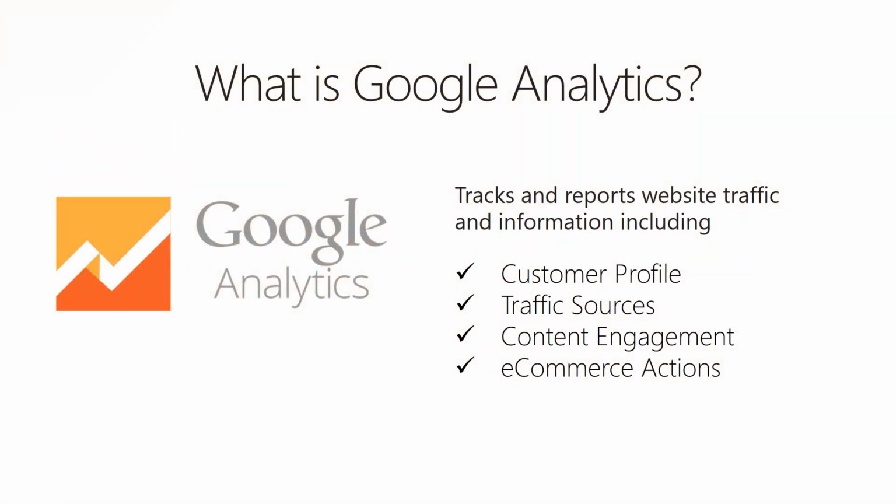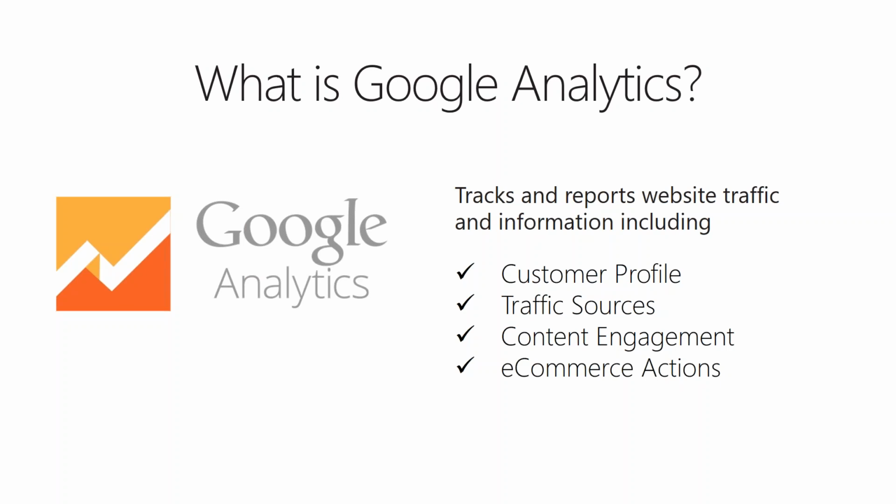So what is Google Analytics? Google Analytics tracks and reports website traffic on different types of information, including your customer profile. These are things like the location your customer is from, the browser language, the browser type, the device that they're using. We have traffic sources. So where are guests coming from? Are they coming from Google Organic?